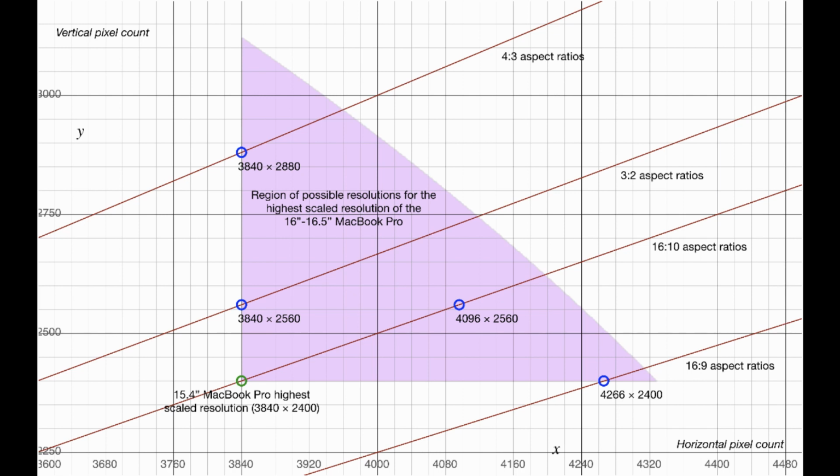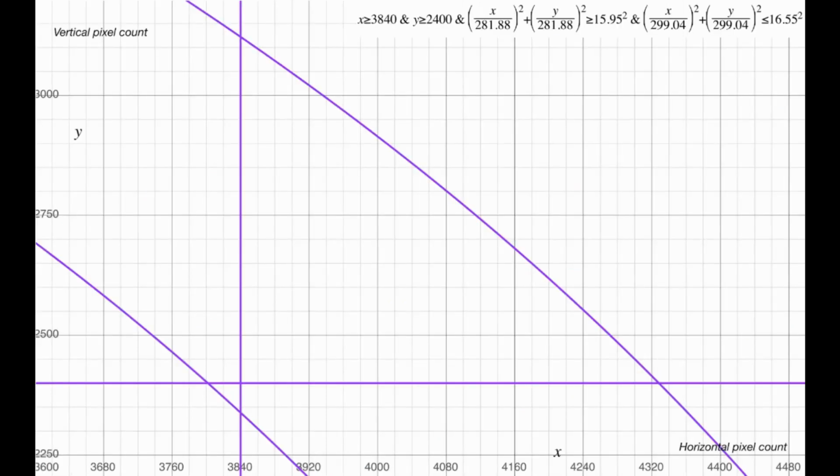And this chart has a lot going on, so I think we're going to back up and explain exactly what is going on here. So you can see this region is basically the maximum scaled resolution that's available on the MacBook Pro 15.4 inch, doubled, and then looking at what it would be like if there is, so 3840 by 2400 is that maximum scaled resolution. 15.95 inch that you can see is the lower bound, and 16.55 inch is the upper bound.